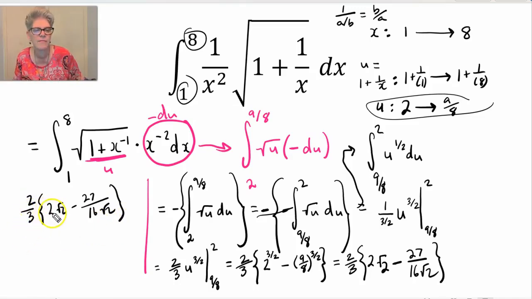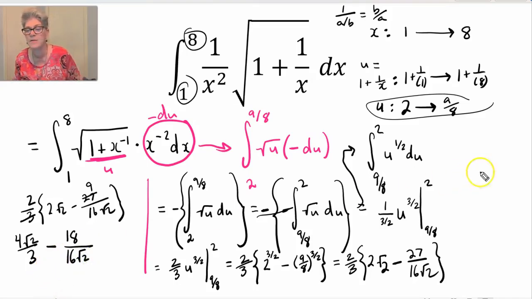So I'm going to have 4 times square root of 2 over 3 minus, and then 2/3 times this. Okay, 2/3 and then 27. So the 3 and the 27 will cancel, and I'll have 2 times 9 for the numerator. And then I'll have 16 times square root of 2 in the denominator.